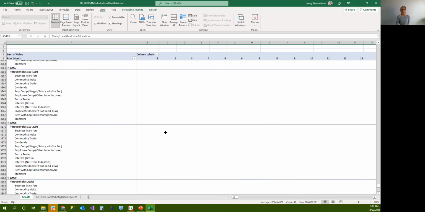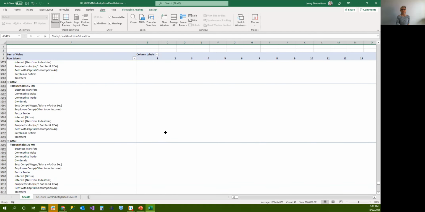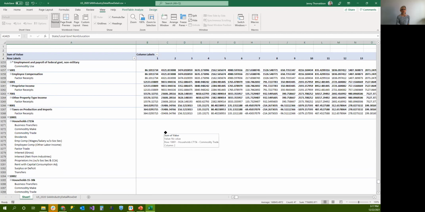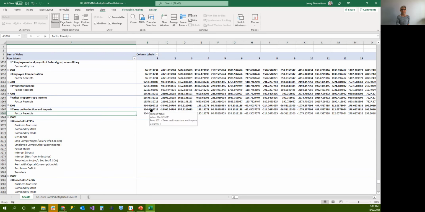And that's because if I scroll back up to our value added components, here we see industries are paying TOPI. They're paying taxes on production and imports. And it's going to be TOPI, our institution with institution code 8001, that is going to end up paying taxes out to the government.